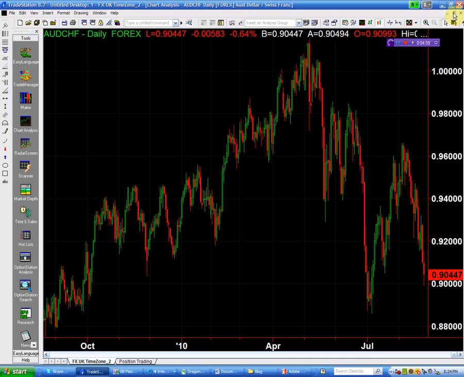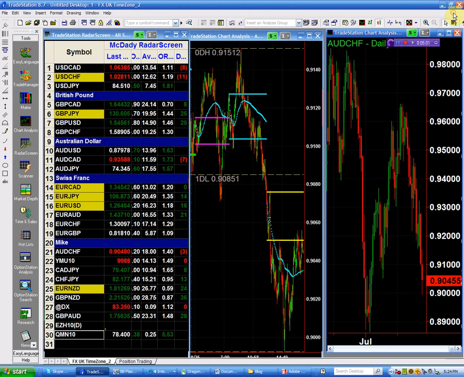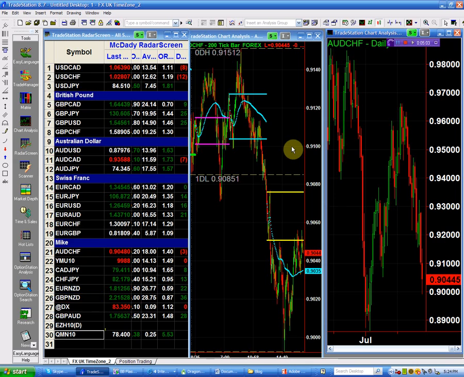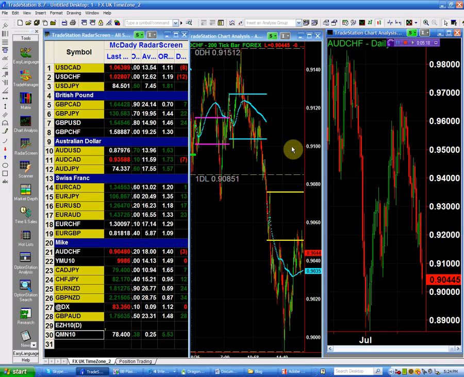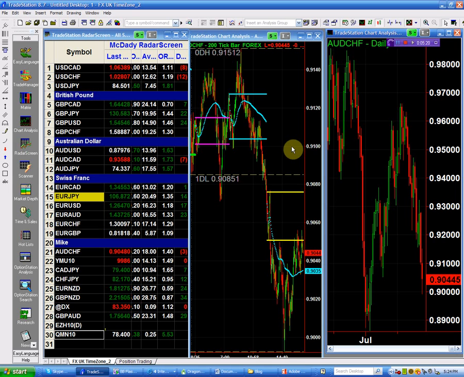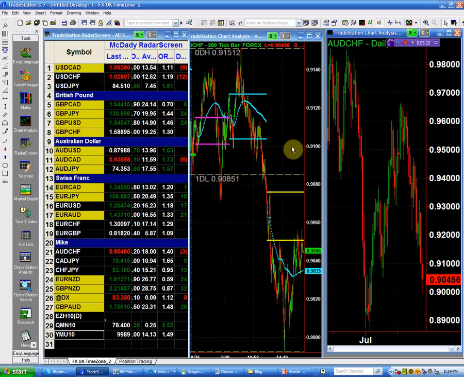We want to be short all the pairs versus the Swiss. But at the same time, we need to make sure that if we are going to take a short position, our stops are very well defined. They need to be placed firmly on a technical location on the chart, and they should not and must not be moved.